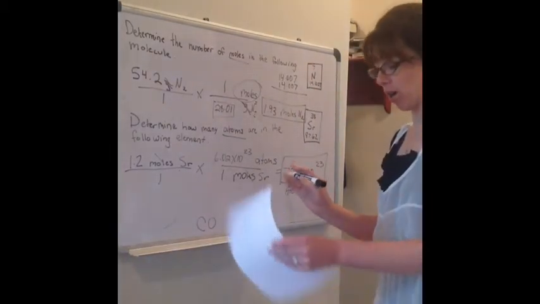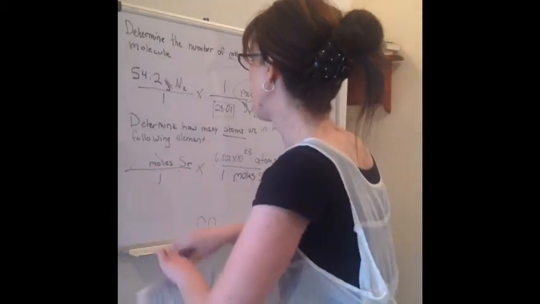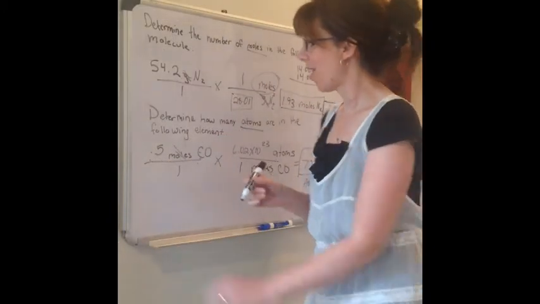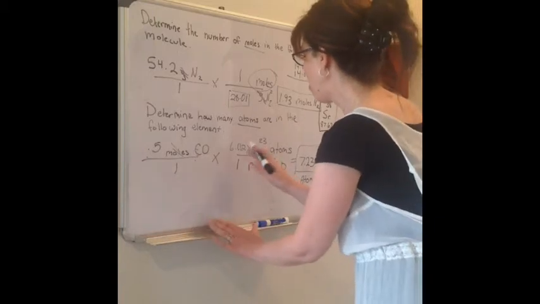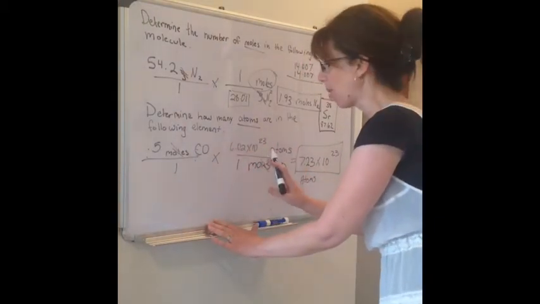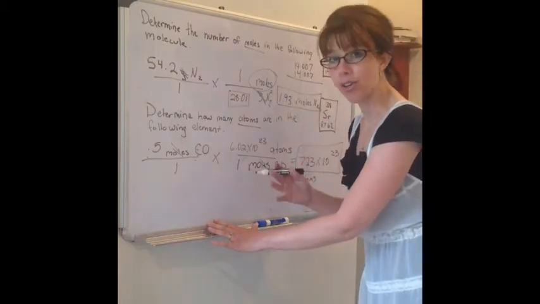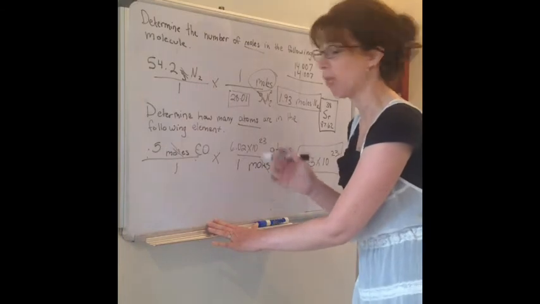It's the same problem. You're given 0.5 moles of carbon monoxide, but the rest of the problem is going to be the same for the second example and the third, and any test questions that you could have about determining the number of atoms or molecules.